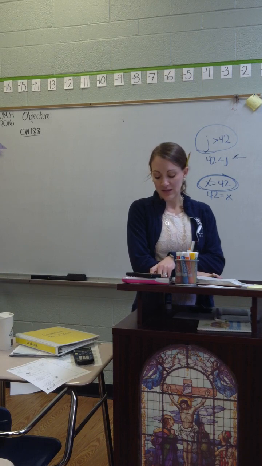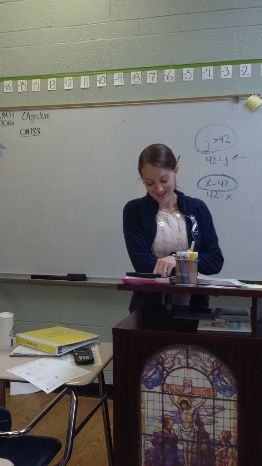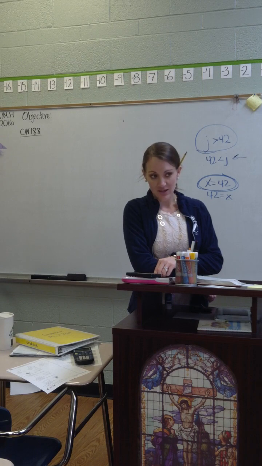Number 21, less than or equal to 60. Number 24, less than 4. Number 27, greater than 21.3. Number 30, greater than negative 13 and 1/4. Did we do the math right there, or were you guys just being goofy? We're just on 24.